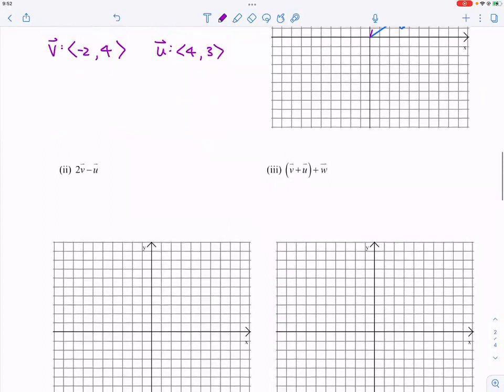So you start from the origin, and instead of going to the left 2 units, you go to the left 4 units, and then up 8 units. So 1, 2, 3, 4, 5, 6, 7, 8 right here. So that will be your 2v.